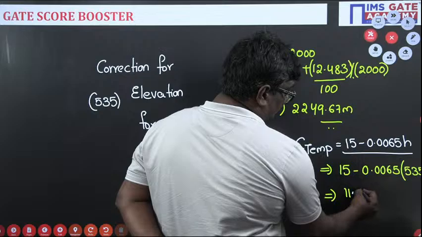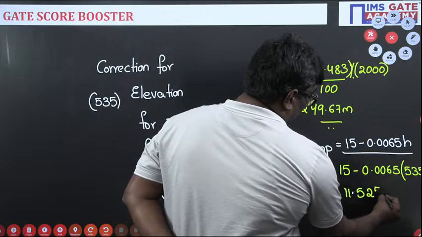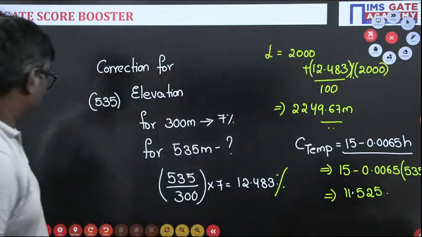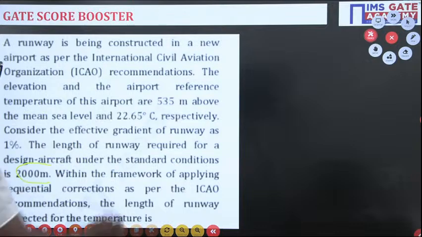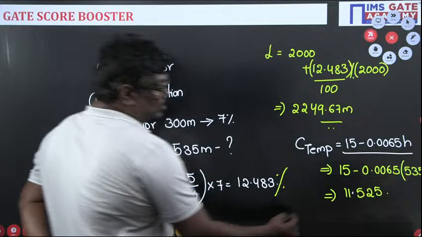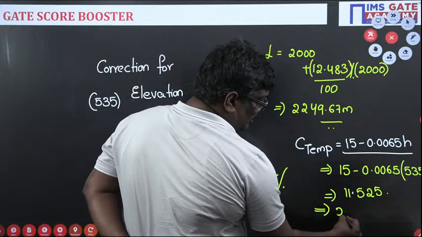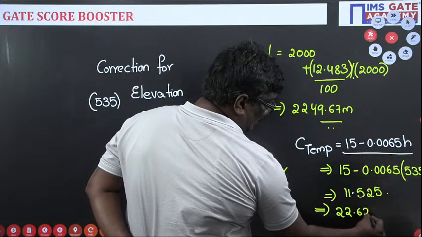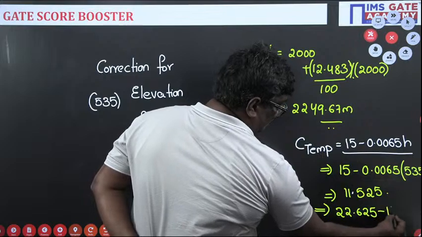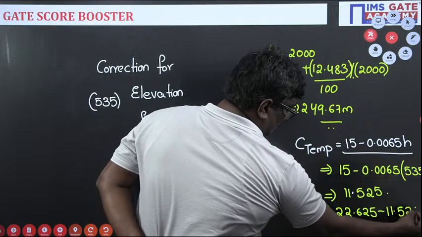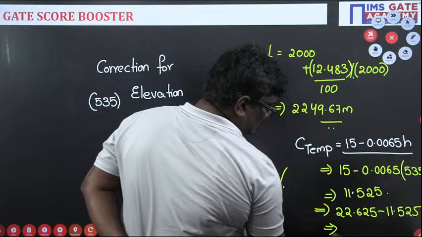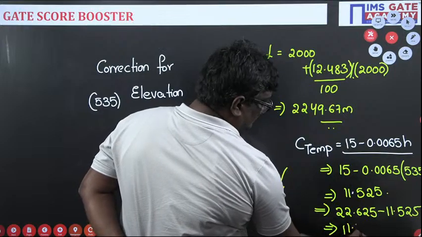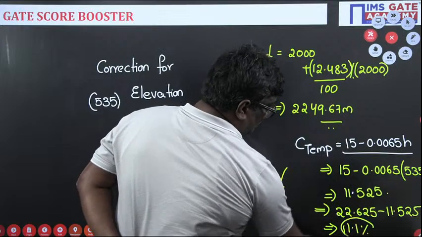You will get a value of 11.525. Okay, but they have given the standard temperature as 22.625. So 22.625 minus 11.525, if you do roughly, you will get 11.1. Have you got this value?